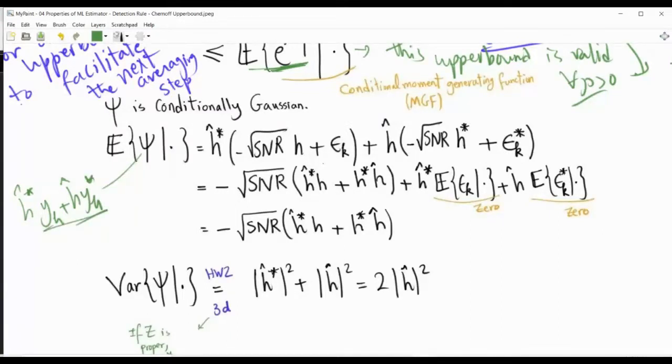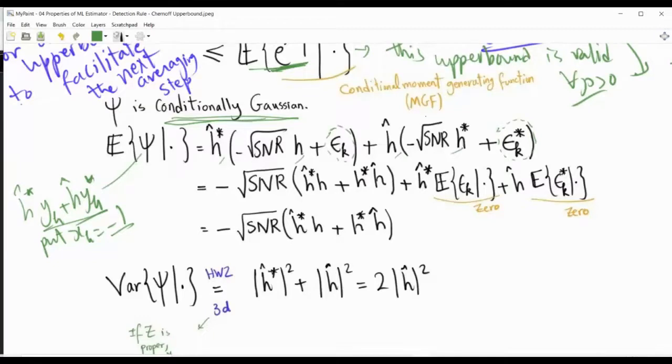So plug in those terms and put xk equals -1. We are conditioning on that, and psi is conditionally Gaussian. See why? Because those terms are assumed to be constant. If you add these two terms, you get double the real part of the additive white Gaussian noise. And what is the distribution of this real part? It is Gaussian.